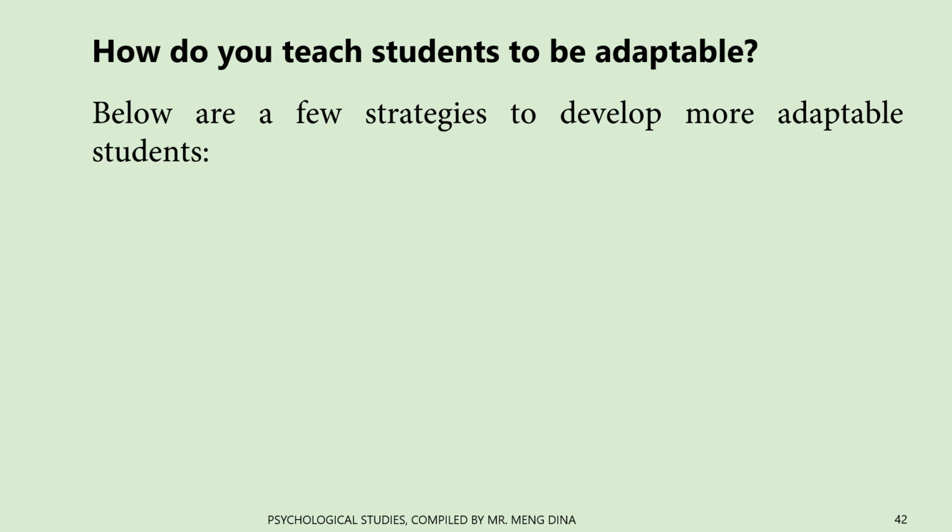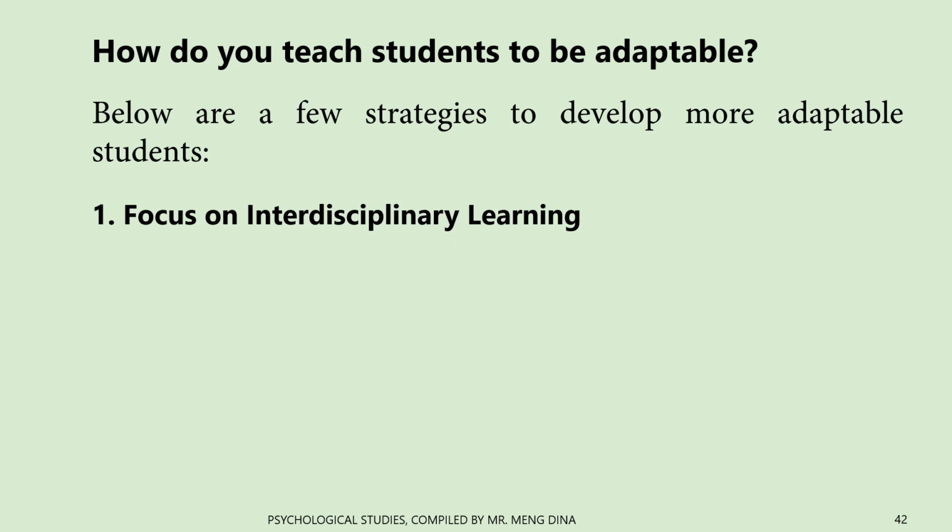Below are a few strategies to develop more adaptable students, such as number 1, focus on interdisciplinary learning. It means that, as a teacher, you should prepare students to live at the intersection. Teachers must avoid teaching content in silos and instead integrate subject areas to promote interdisciplinary learning.